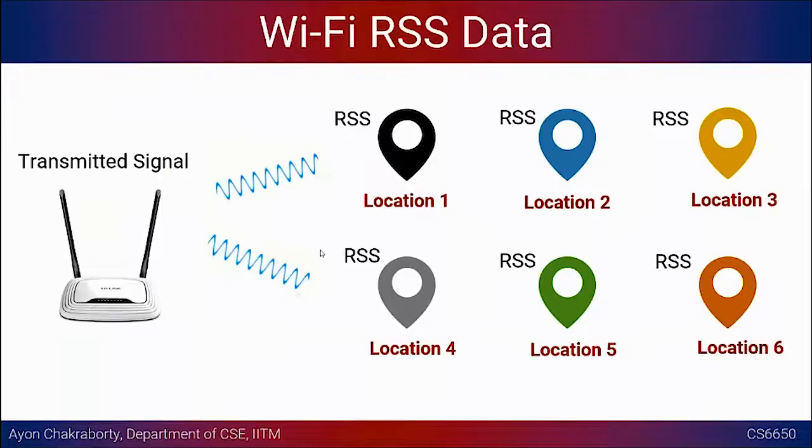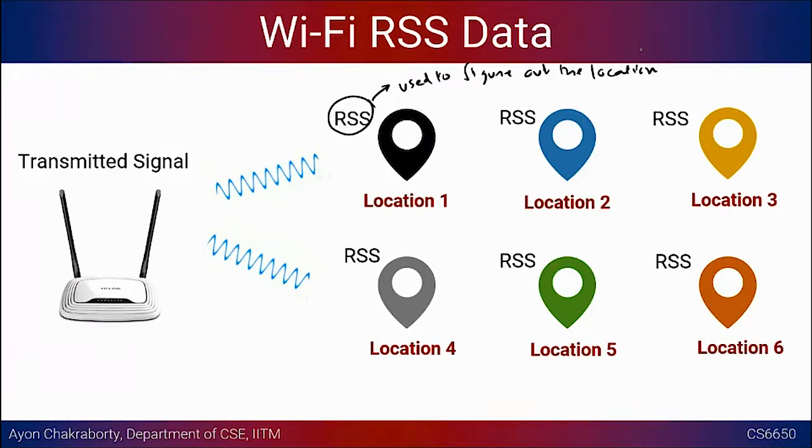Okay, so as I told you, if you have this Wi-Fi access point, the idea is to capture the RSS in different locations. Now the intention is to use this RSS in order to figure out the location. Earlier we were trying to figure out the distance.